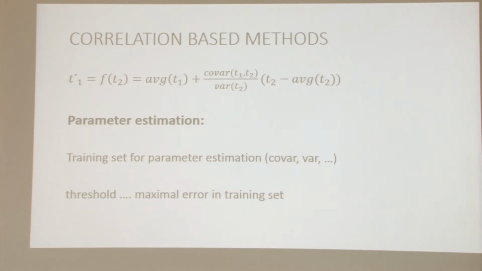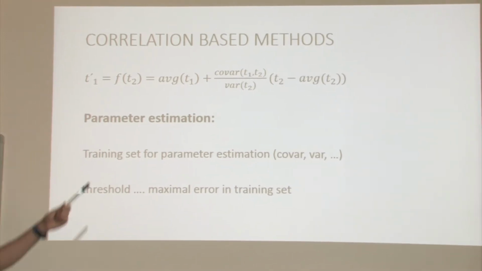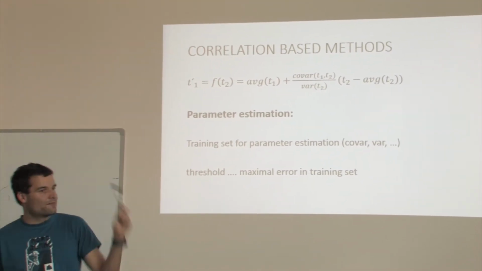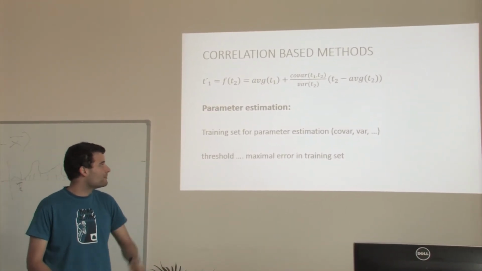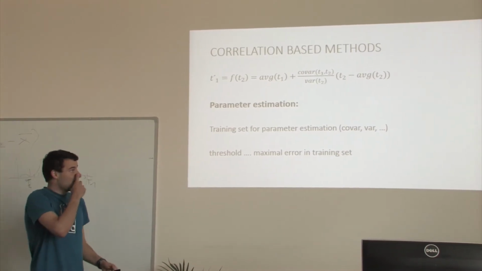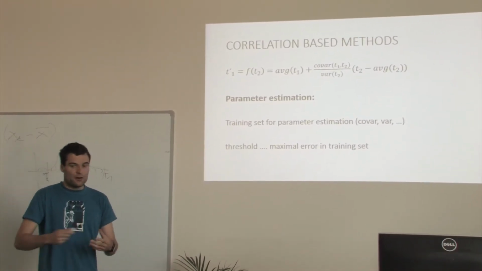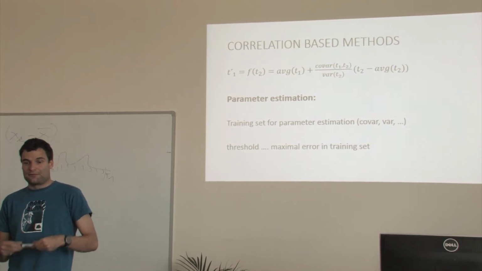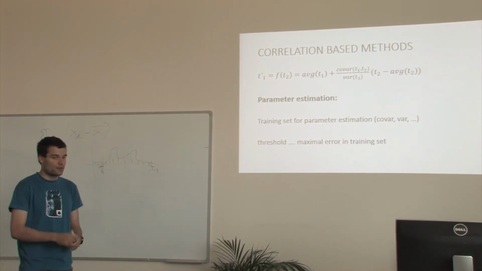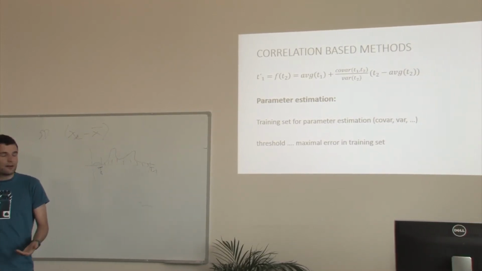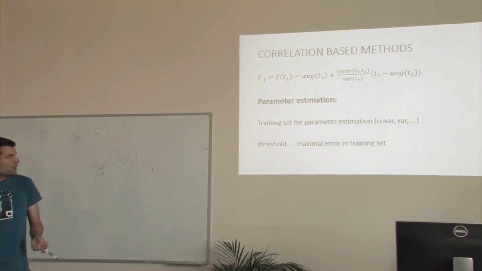We can see that the prediction is based on the difference from the mean value, multiplied by basically the correlation of these two sensors, the covariance divided by the variance. From some training set, we can calculate the variance of each sensor, and we can also calculate the covariance.